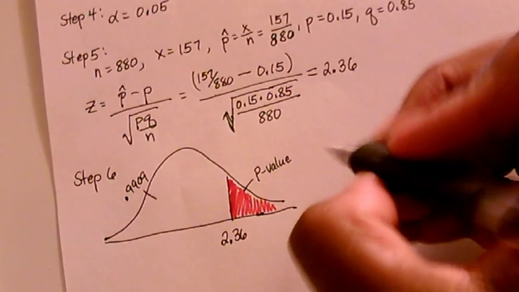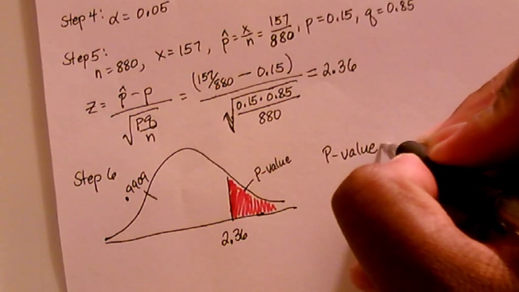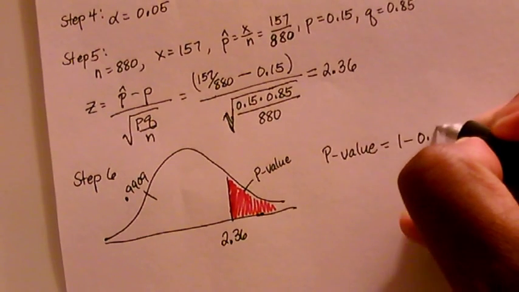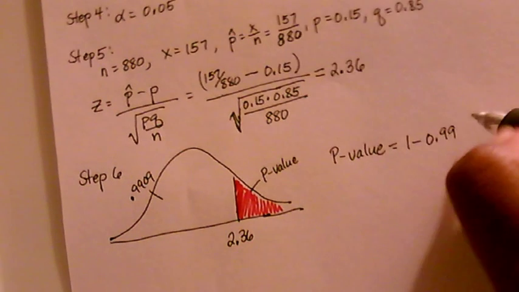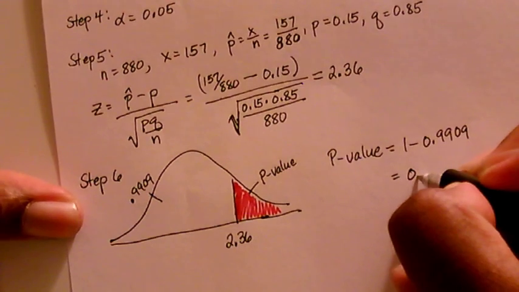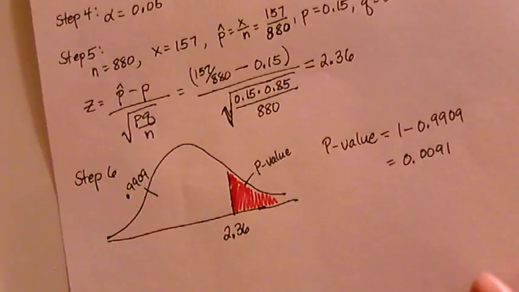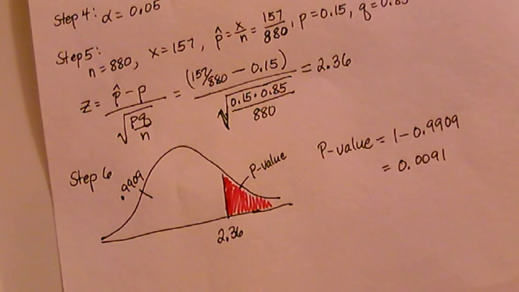We want that area right there. So the p-value is going to be 1 minus 0.9909, which is 0.0091.